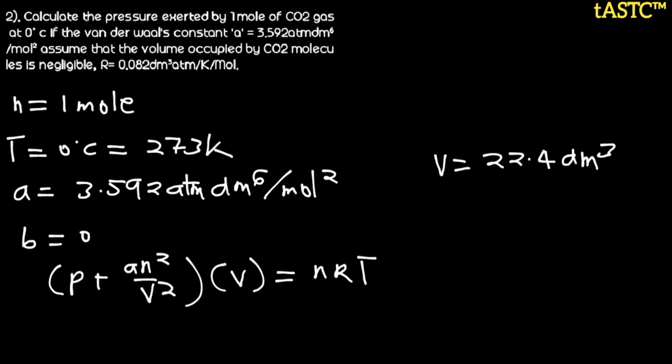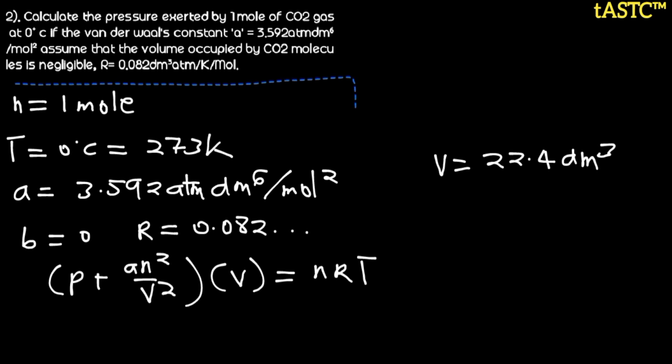So we're just going to hold that at the back. And we also need to know that R is equal to 0.082 whatever. So those are the things we were actually given. Now we're going to plug all of them into the equation and find out what P is going to be. In order to find P, we need to take stuff to the other side. We're basically going to make P the subject of the formula.